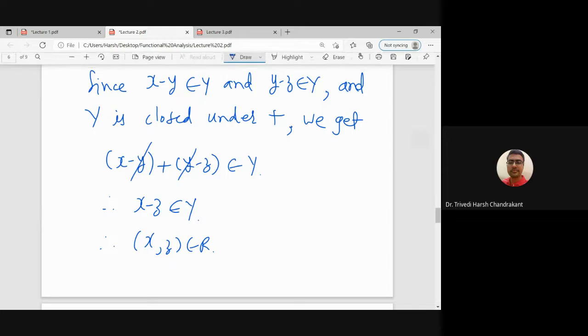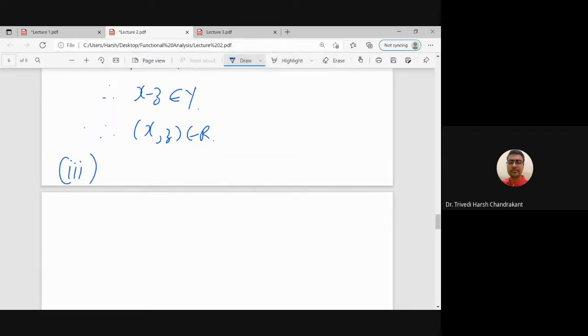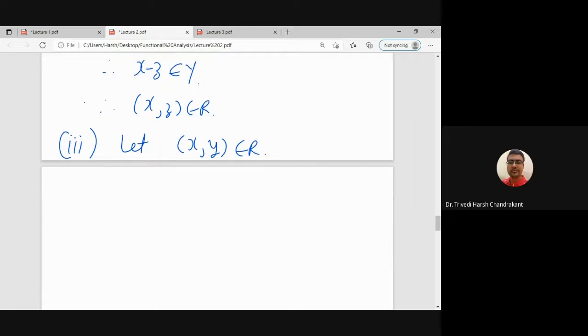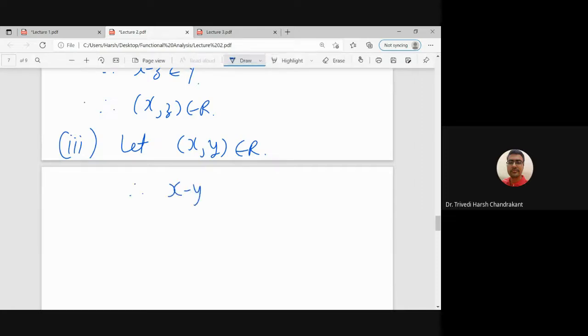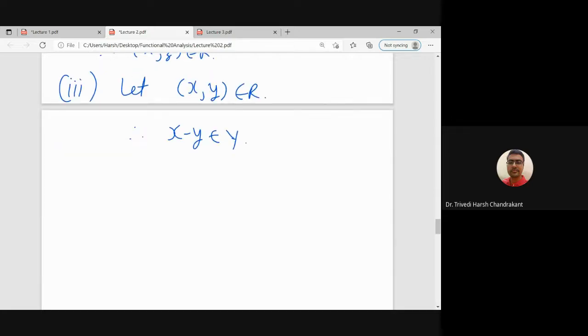So therefore we get the relation is transitive, and the final condition is symmetric. For symmetric, we are given (x, y) in R, and we want to show (y, x) is in R. If (x, y) is in R, that means x minus y belongs to the subspace. So using this, can we show y minus x belongs to the subspace?